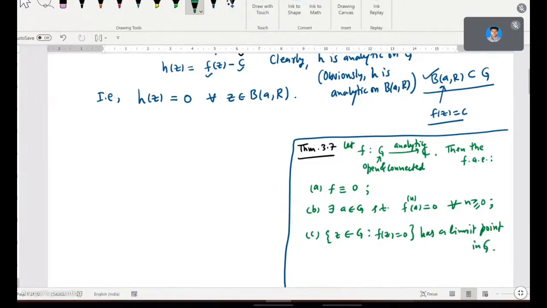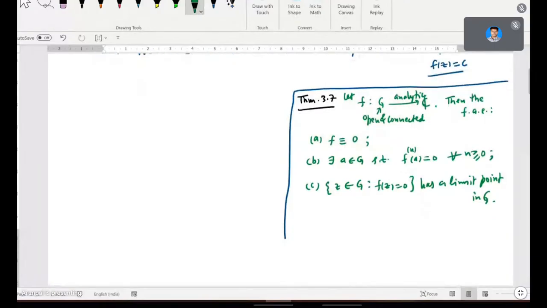So now what you do, class, you take an analogy. Instead of G, you take the open ball. The open ball is connected always. I showed you perhaps in the beginning that in fact it is convex. You take any two points, you can join them with the help of a line segment. So it is open and connected.